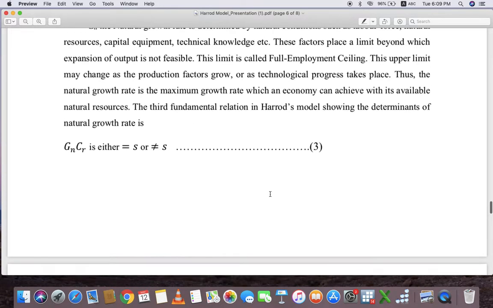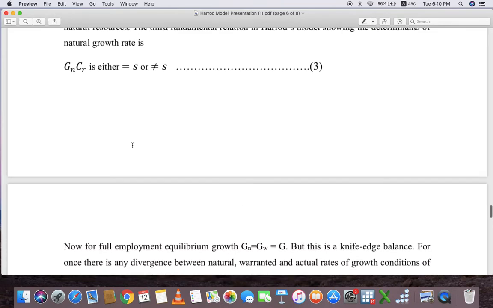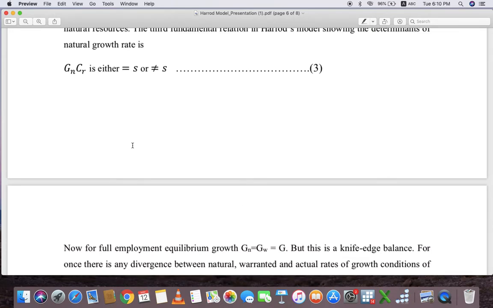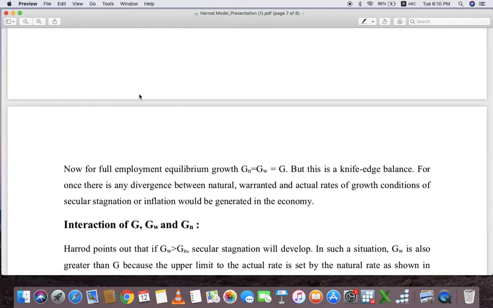So, Gn into Cr may be equal to S. If it is equal to S, then there is the balance everywhere. So, then there is Gn equal to GW equal to G. So, then there is steady state growth, but if it is not equal to S, then the balance is disturbed.